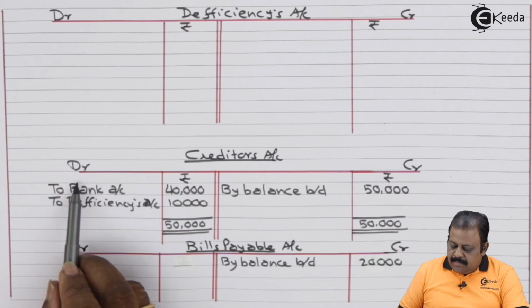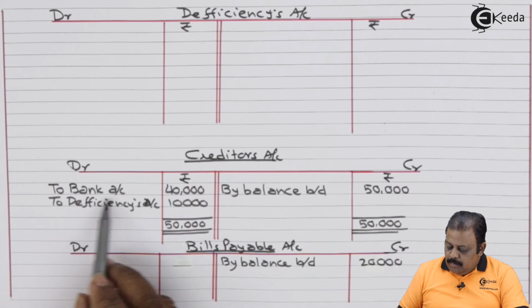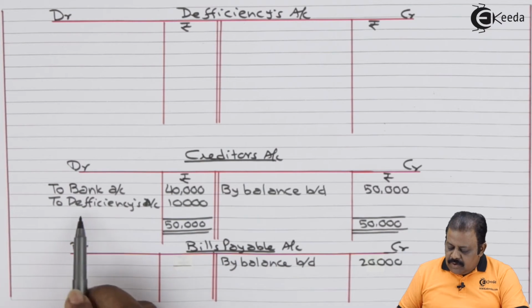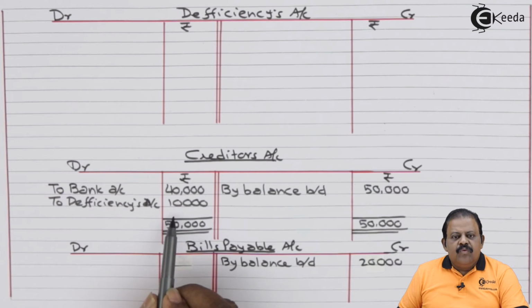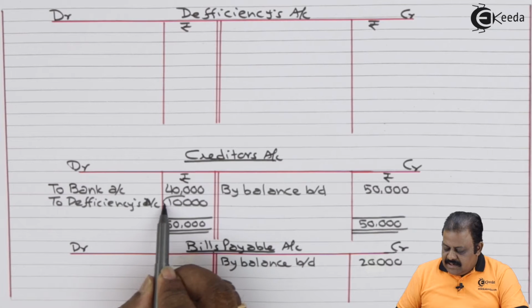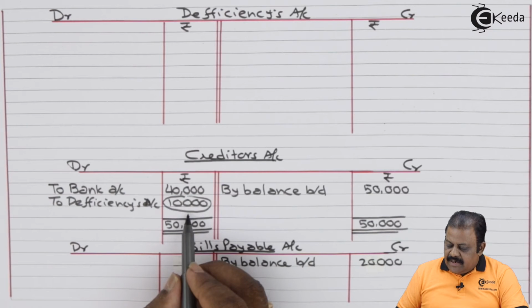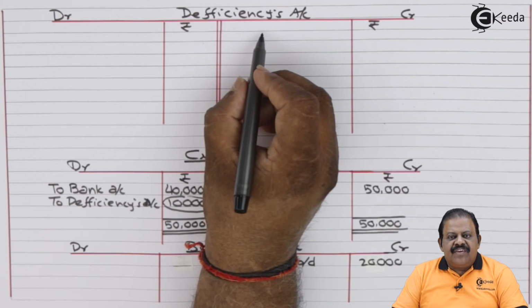Creditors account debit side to bank 40,000 for amount paid, to deficiencies account for amount remaining unpaid. You can consider this as a balancing figure of creditors account. This will be transferred in turn to the credit of deficiencies account.